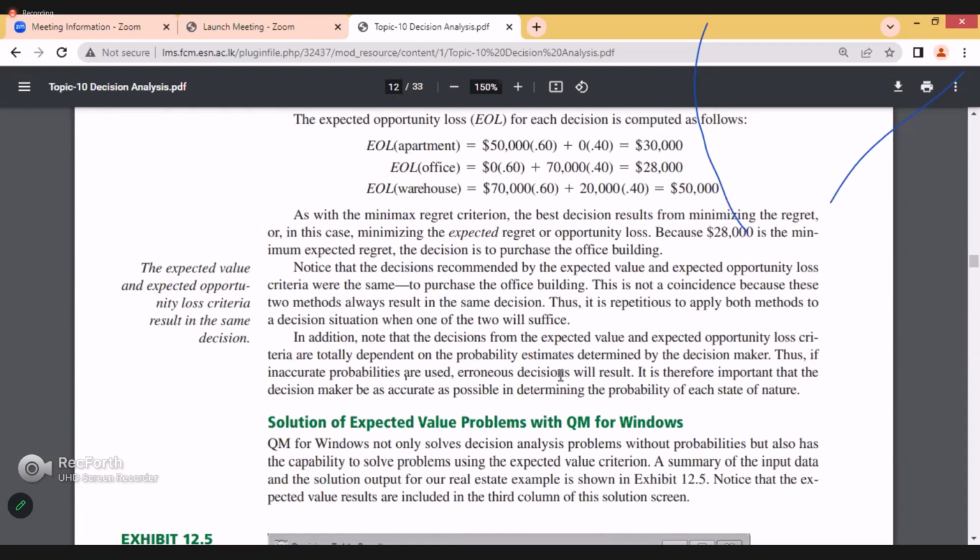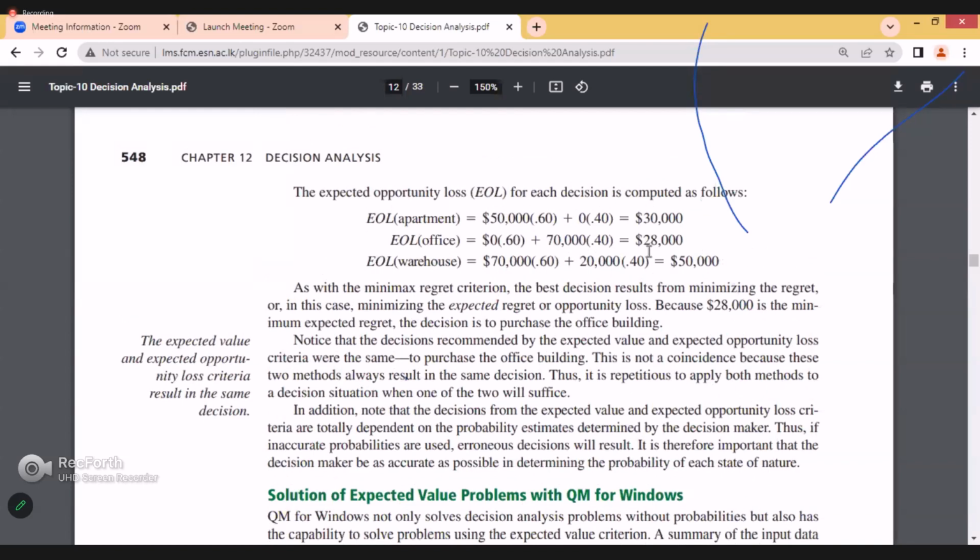It's 20, because 28,000 is the minimum expected rate. Now after doing this, we have to choose the minimum one, because it's a loss. This opportunity loss.